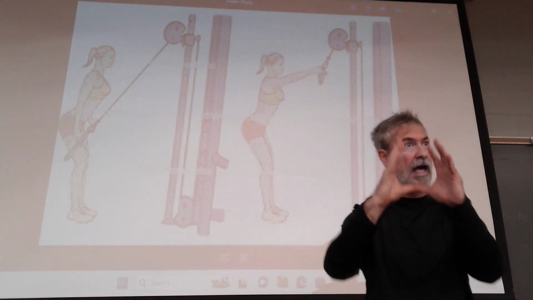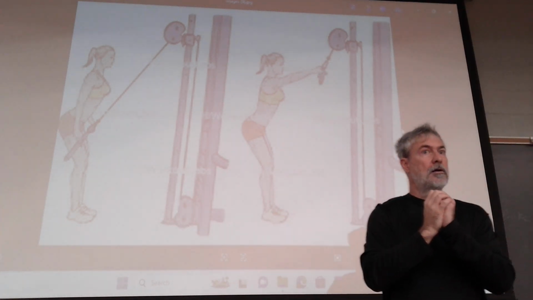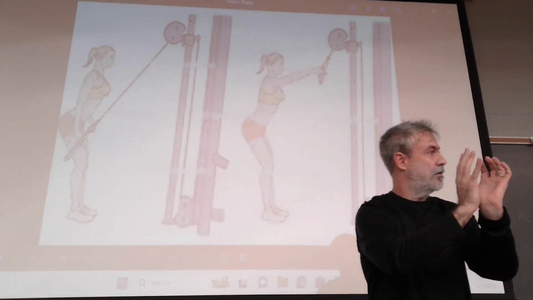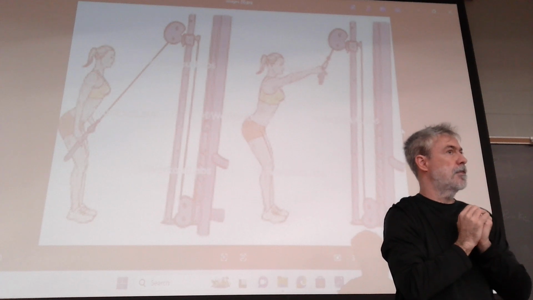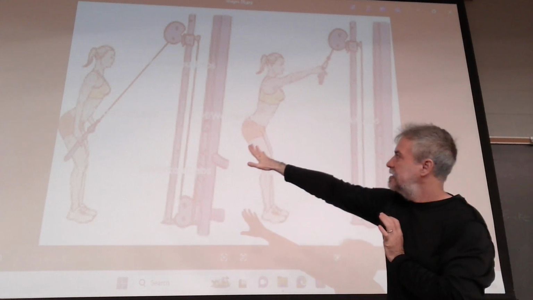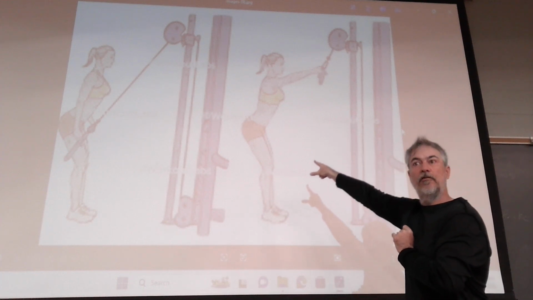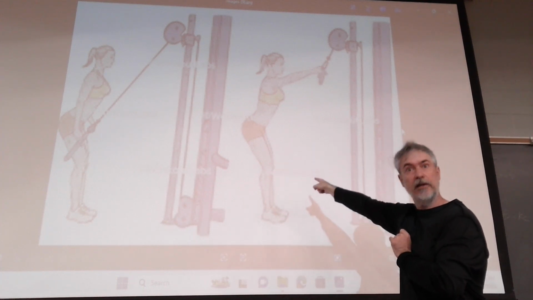Now that we've established our agonist, then we could associate motion and muscles. We could associate motion with contraction. Shoulder extensors are going to be responsible for flexion from left to right. Then we have flexion.